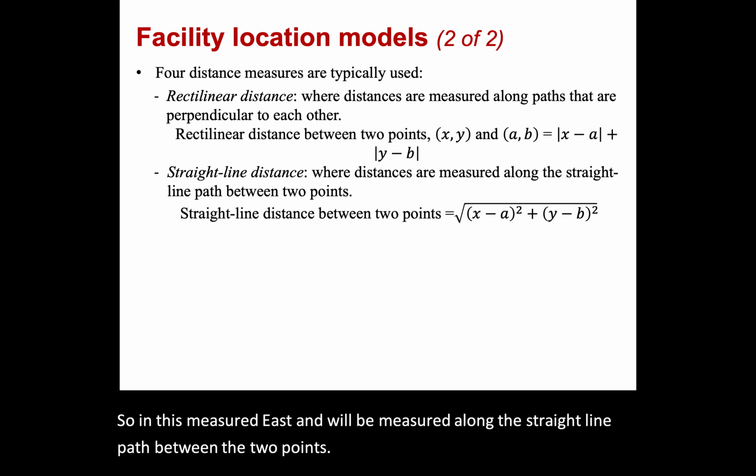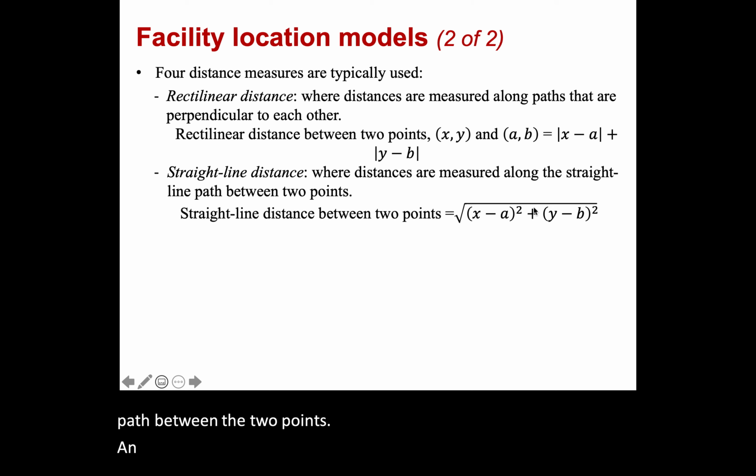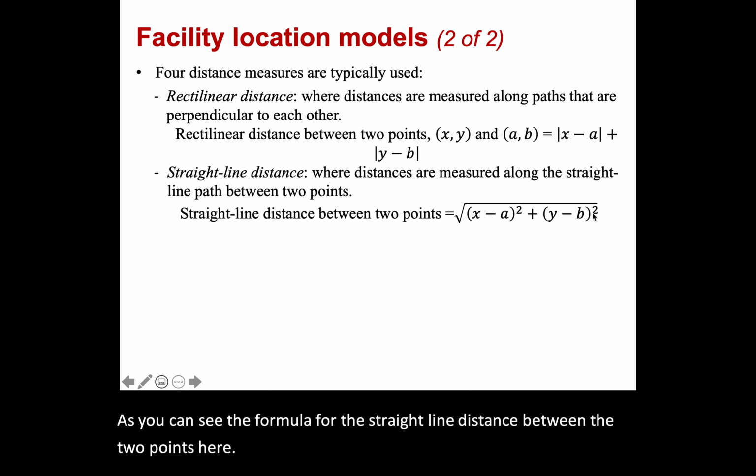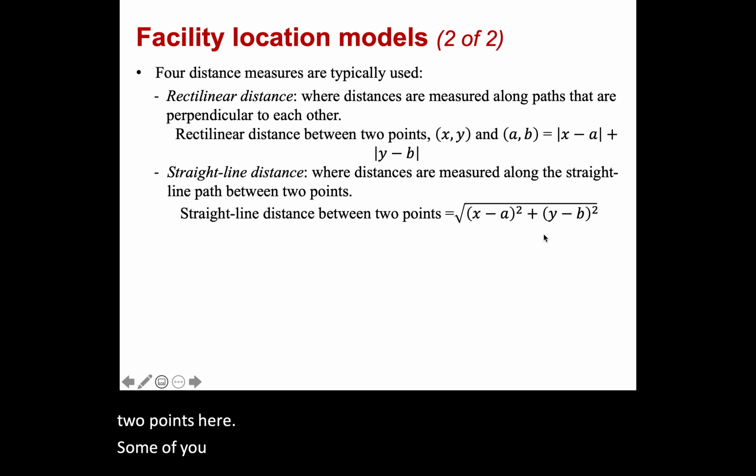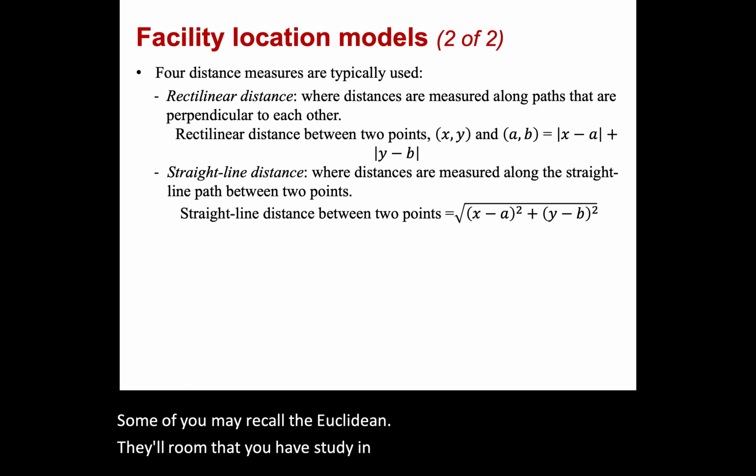As you can see, this is the formula for the straight line distance between the 2 points. Some of you might recall the Pythagorean theorem that you studied in high school for right triangles, right?